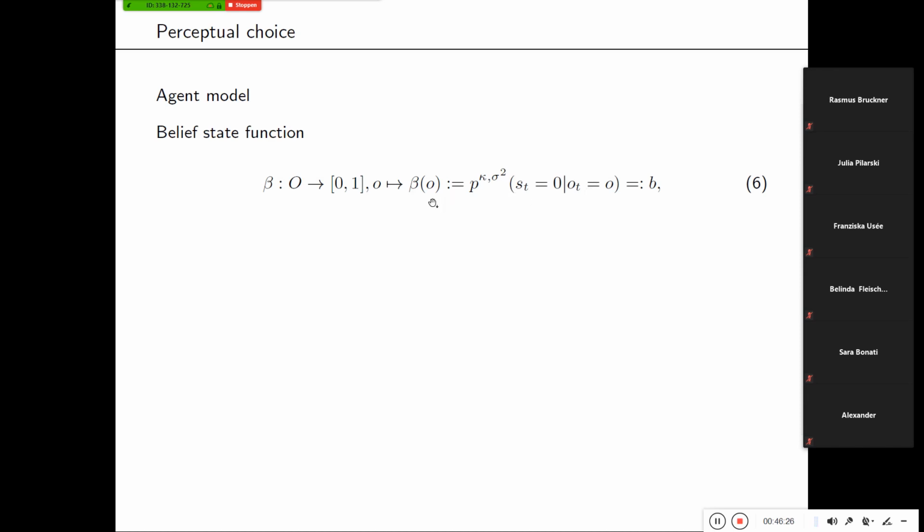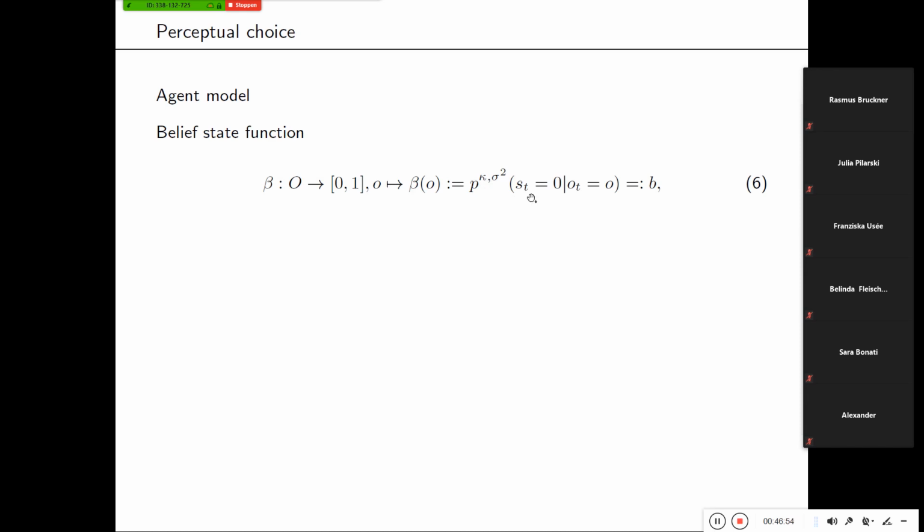This belief state we call B, and it depends on two parameters. It depends on the likelihood parameter of the agent, and it depends on this kappa parameter, because as you see here, it's the probability distribution of the state given the observation, not the contrast given the observation, because we want the agent to make a decision about the state.